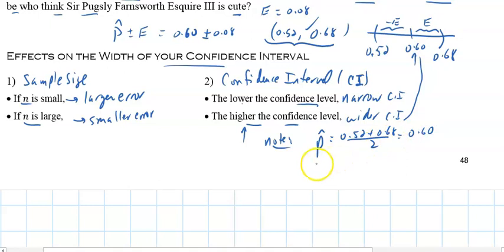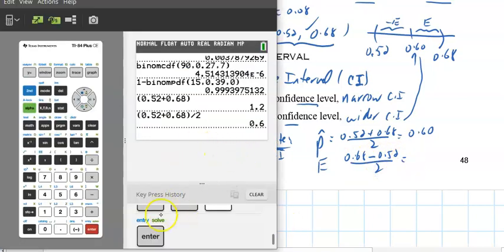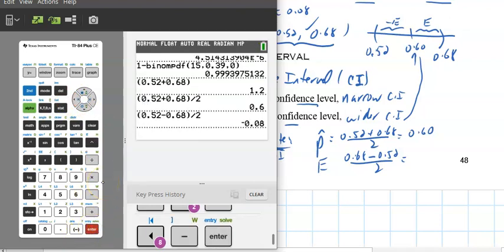And if you want to find the error given a confidence interval, the error would be 0.68, the end, minus the beginning, divided by 2. I could go back to that calculator and subtract, putting the 0.68 first. That would be 0.08.